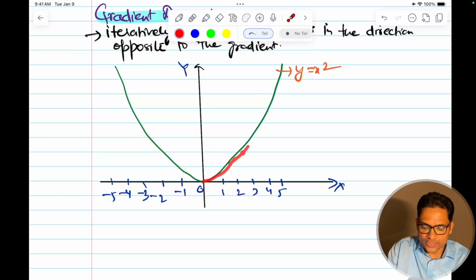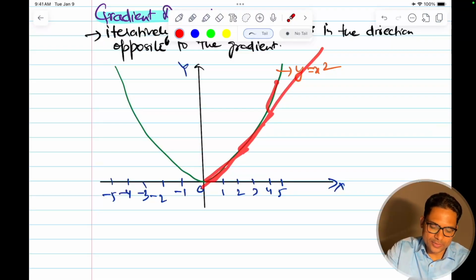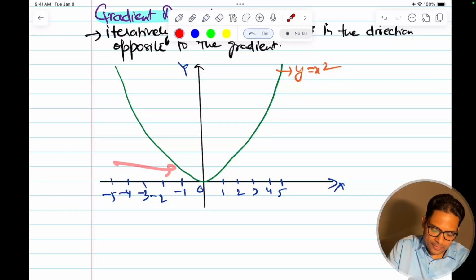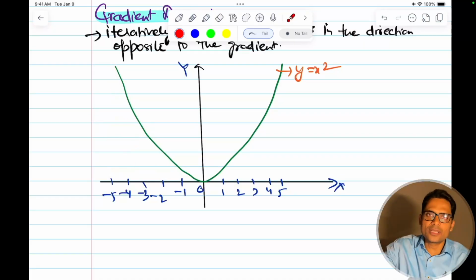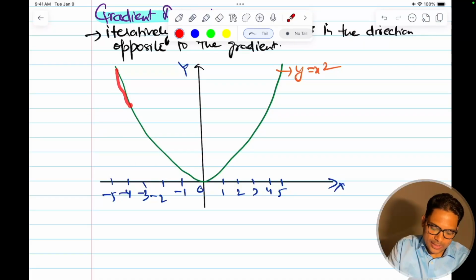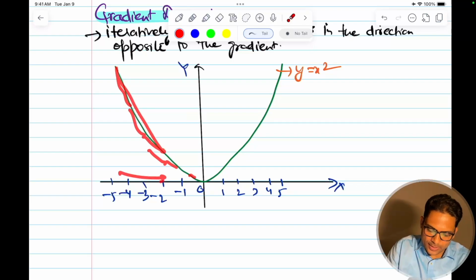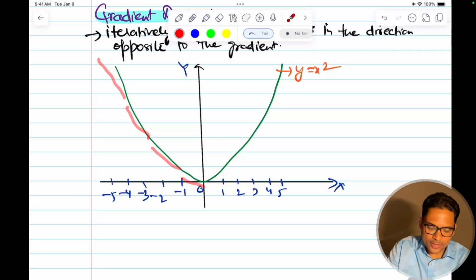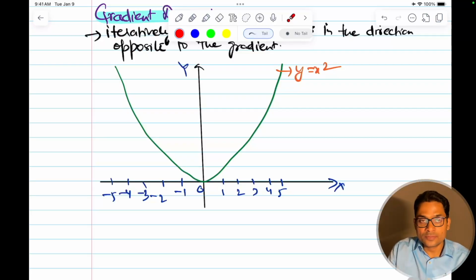Here the slope is always positive because it's going in the upward direction. If you increase x, y will increase. On the other side, if you increase x, moving in the right direction, y keeps on decreasing. So all the gradients at every point there are negative.